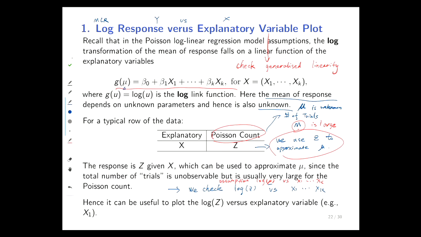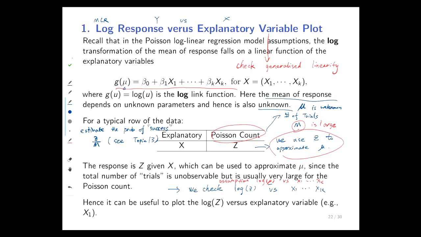So if we have m, we can actually estimate the probability of success by using z divided by m, if you still remember. So this is from the binomial logistic regression model. You need to see topic 13, I think.